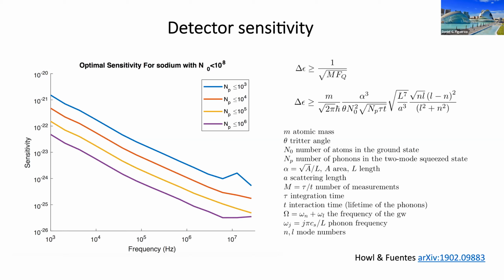And if I'm not mistaken, your purple curve at the megahertz with the sensitivity 10 to minus 25 corresponds roughly to the BBN constraint. Have you done this conversion just to know?